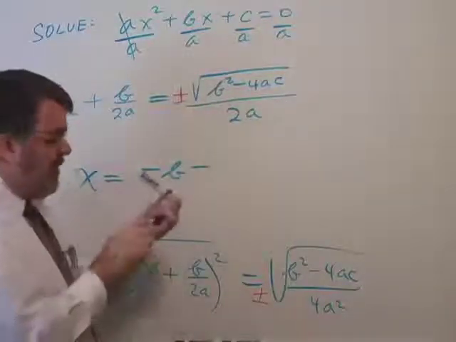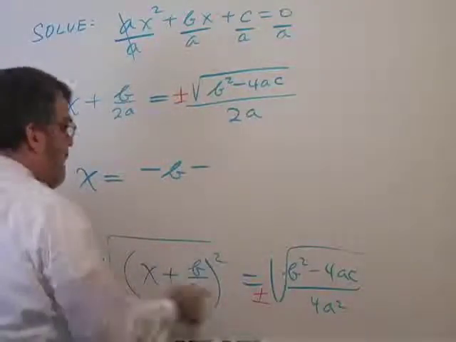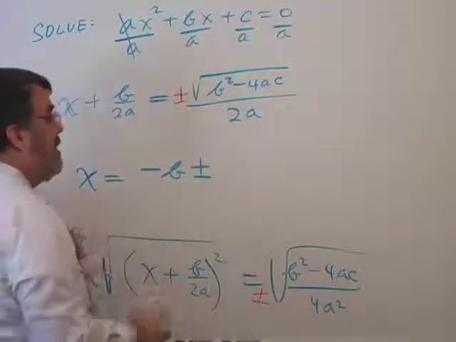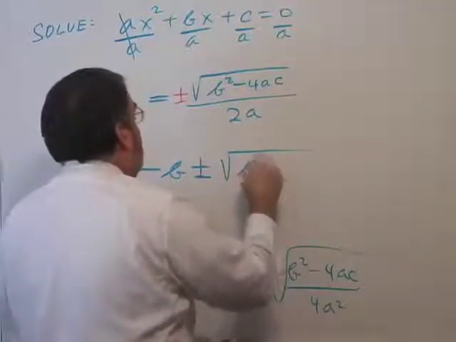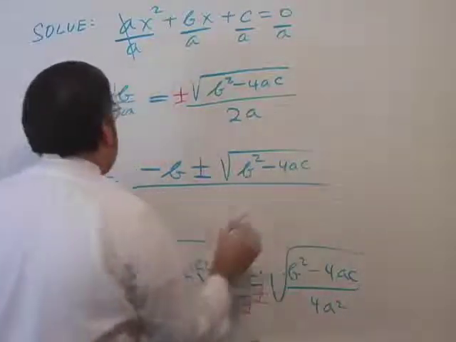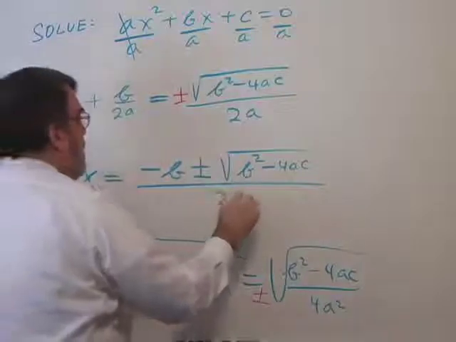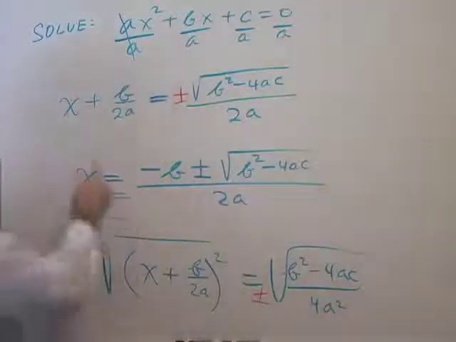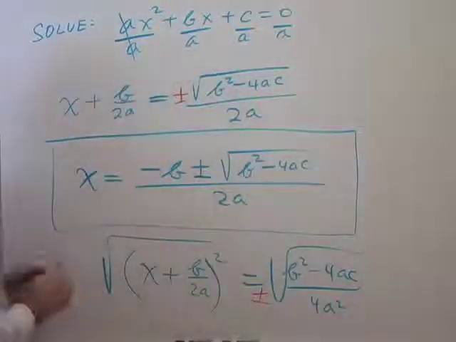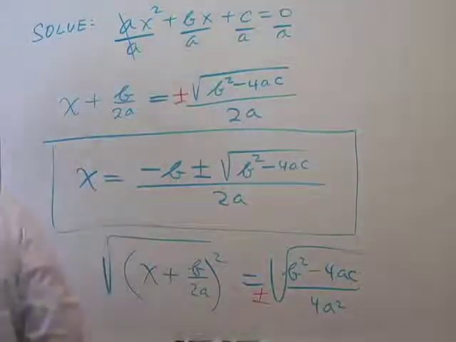My plus or minus symbol. Don't forget that. So minus b plus or minus the square root of b squared minus 4ac, and everything is divided by my common denominator of 2a. So here we go. This is the quadratic formula.